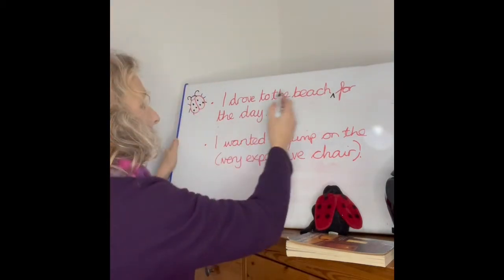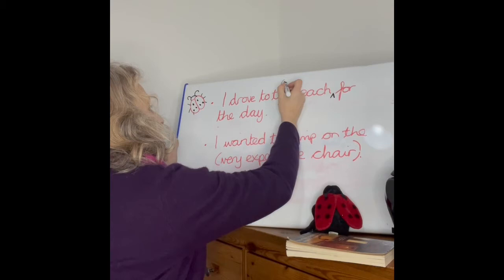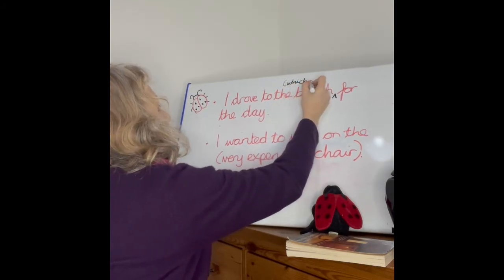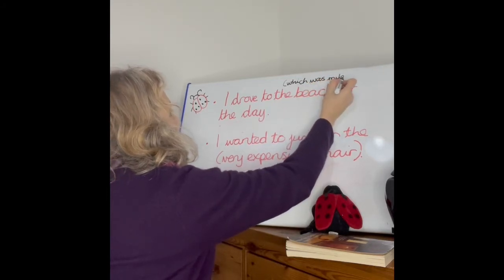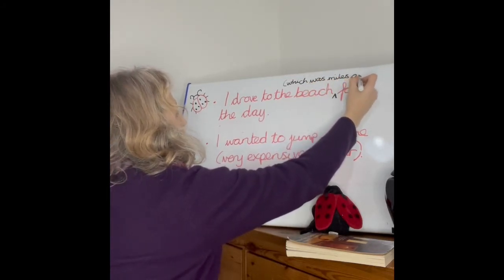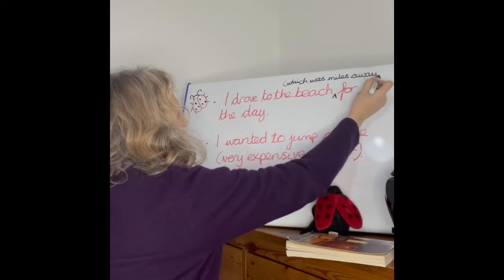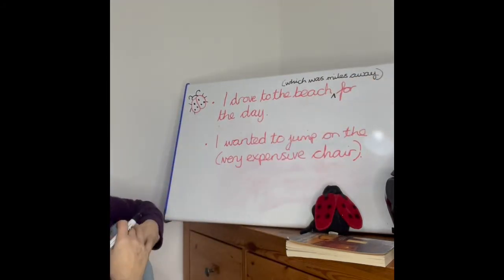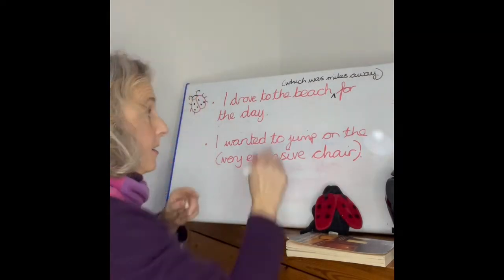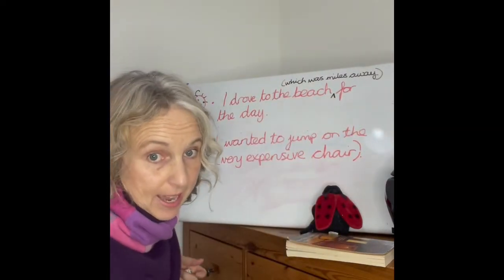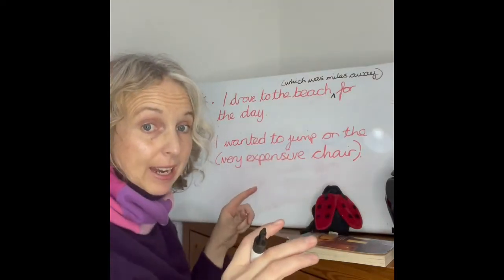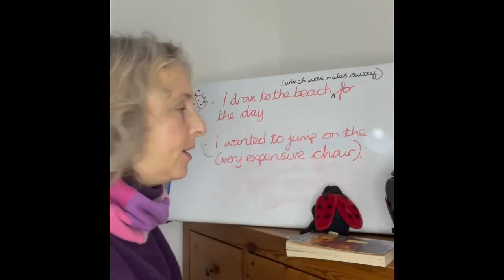So I drove to the beach, which was miles away, for the day. But you'll need to write it as a full sentence. Don't just do the little arrow, please. Actually write it out again as the full sentence. But if I do that, we'll be here forever.